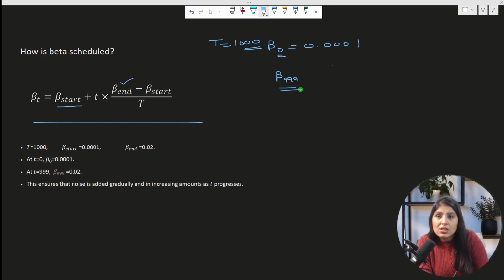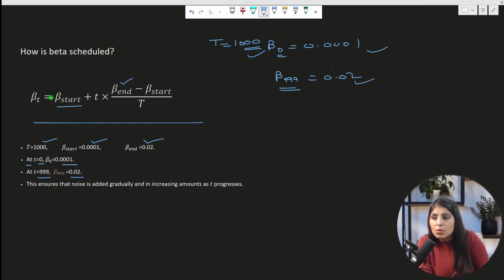These three values we got from the paper. We are just taking those values and working according to it. So I've written over here time steps 1000, b start value is this, b end value is this. When the time step is 0, at that time beta value is this, and when the time step is 1000, at that time the beta value is this.